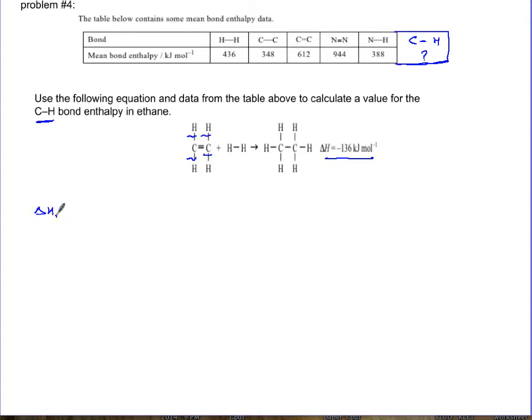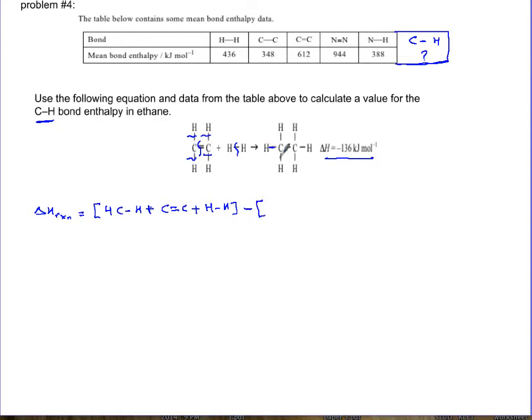So delta H of reaction is the sum of bonds broken. So for 4 C single bond H, I'm also breaking a C to C double bond. The equation, of course, make sure it's balanced. It was balanced. I'm also breaking one hydrogen to hydrogen single bond. Minus, on the product side, let's see what we are forming.